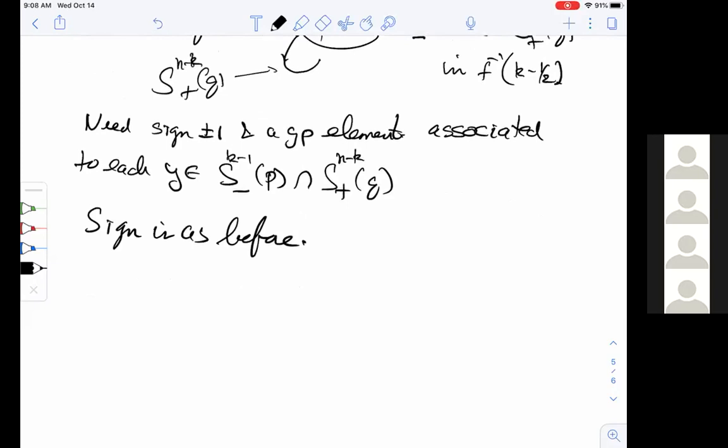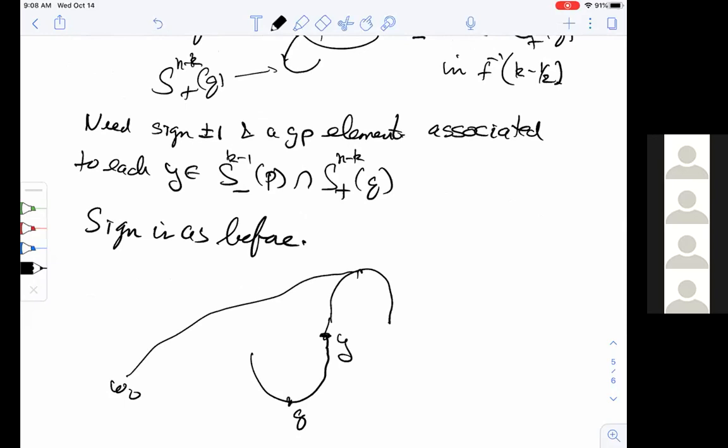Well, we have the base point over here. We have P, Q, and here's a point of intersection. We have paths, omega P and omega Q, from the base point to P and to Q. Now the descending manifold is a disk, so I'm free to choose any path.